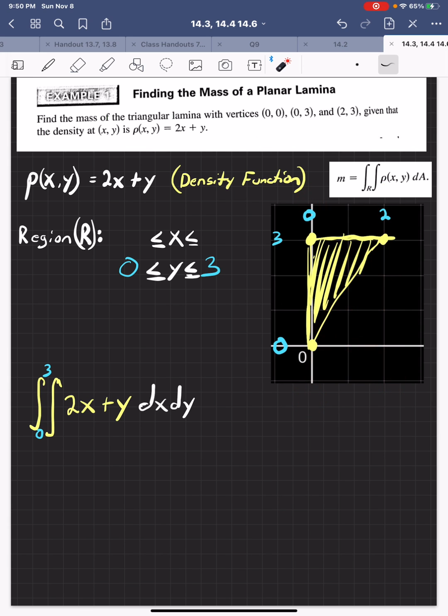So we're going to have to take a second and figure out the equation of this line, because we need it to be to the left of this line and to the right of x is 0.